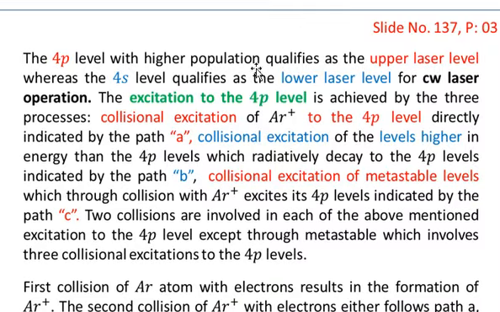The 4p level with the high population qualifies as the upper laser level, whereas the 4s level qualifies as the lower laser level. For CW operation, so you see that this is okay for the continuous wave operation, if we want continuous laser wave operation, then of course this would satisfy the condition, because the upper laser level has a much longer lifetime in comparison with the lower laser level.